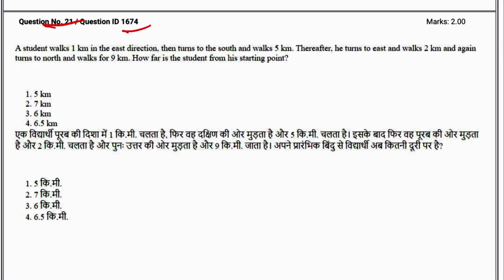Next is 74. A student walks 1 kilometer in the east direction. Let's say this is east, west, north and south. So he walks 1 kilometer in the east direction, then turns to south and walks 5 kilometers. After that he turns to east, again walks 2 kilometers and then turns to north and walks 9 kilometers.